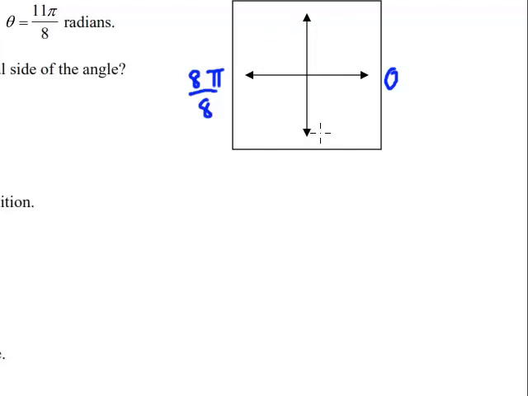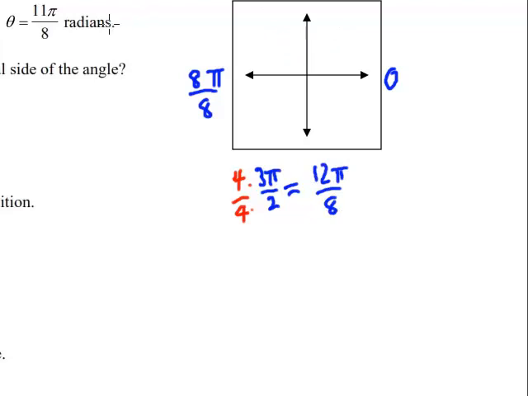Well, I want to know if I go past this 3 pi over 2, right? And 3 pi over 2 is the same thing as if we multiply that by a common denominator, which would be 4 over 4, right? So that will give me 12 pi over 8.